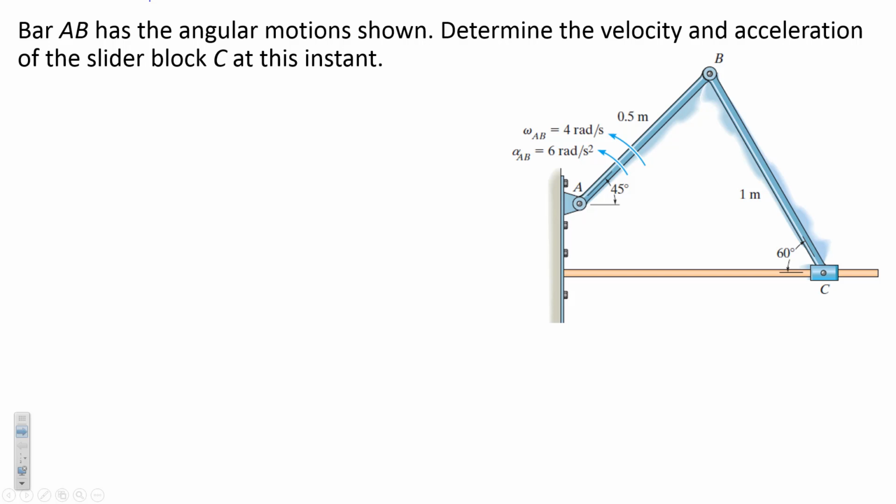So acceleration of point C is equal to acceleration of point B plus alpha BC cross RC/B minus omega BC square times RC/B.